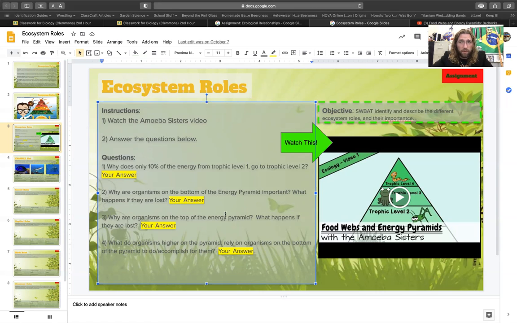It's pretty straightforward stuff. And then finally, what do organisms higher on the pyramid rely on the organisms on the bottom of the pyramid to do or accomplish for them? If I'm a mountain lion and I go eat a whole bunch of grass, I'll eventually die of starvation. There's not a single vegan mountain lion on planet Earth.